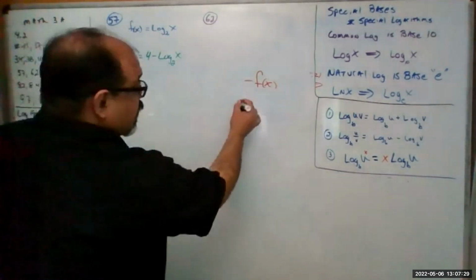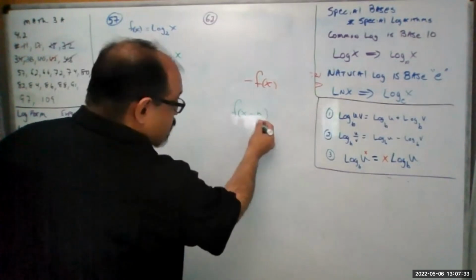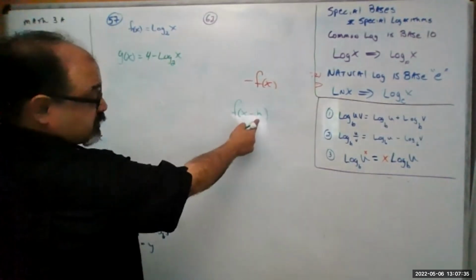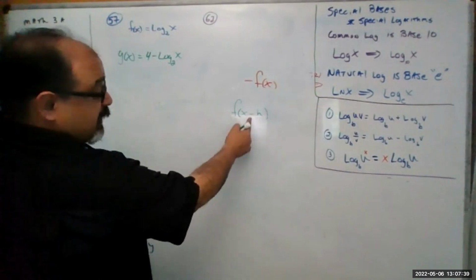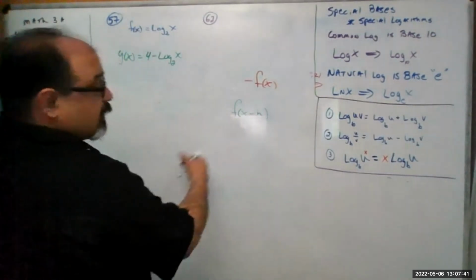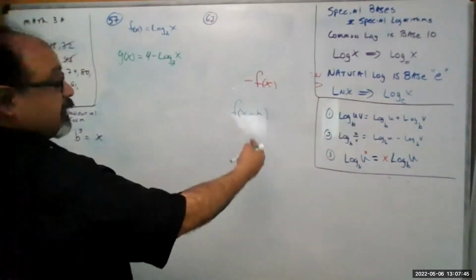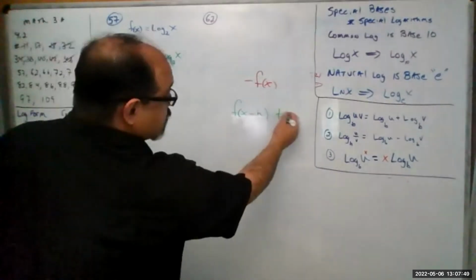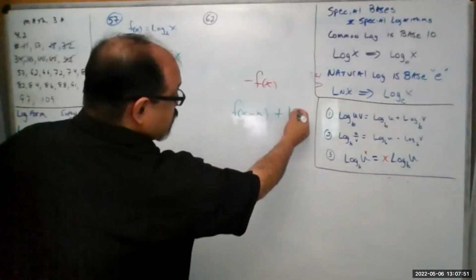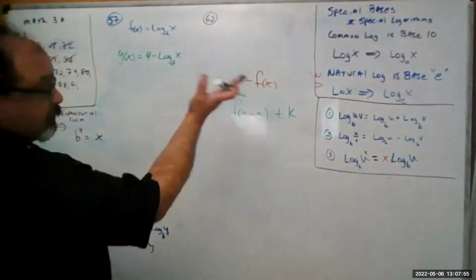Now, if you have inside an x minus an h, that's a horizontal shift, okay? The negative is built in, so if you see x minus 2, that's a positive 2 to the right. If you see x plus 3, then it's a negative 3 going left. And then if you change something after the function, a k value, that's a vertical shift up and down.